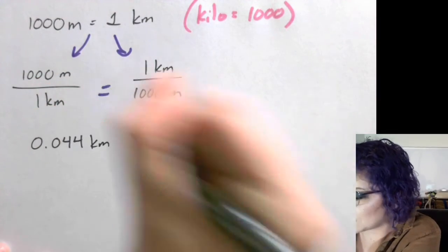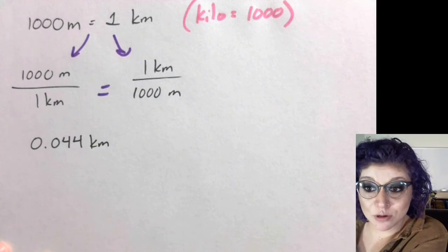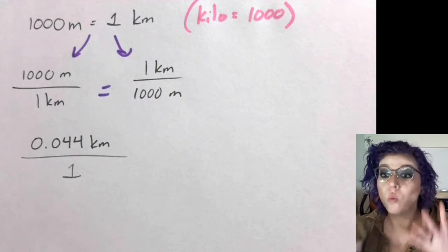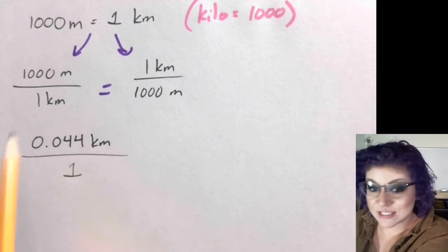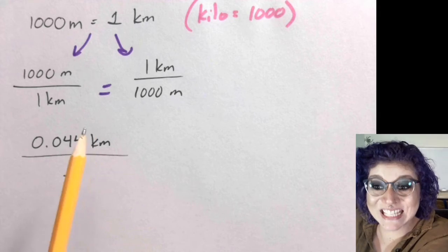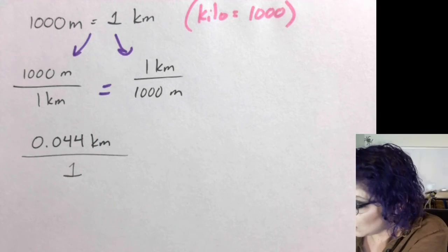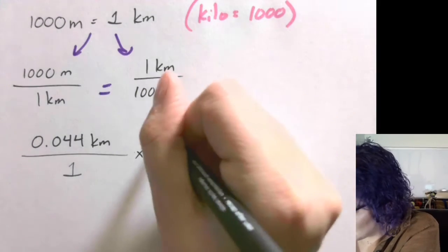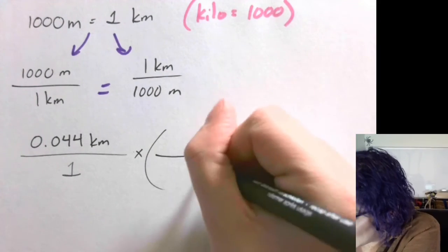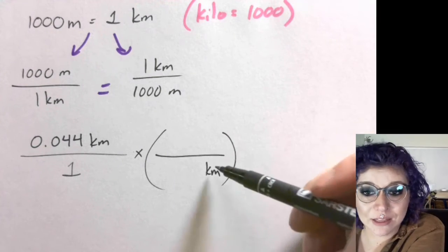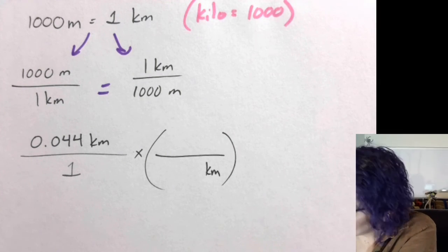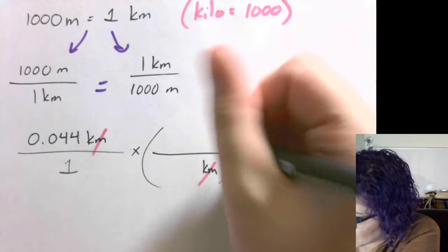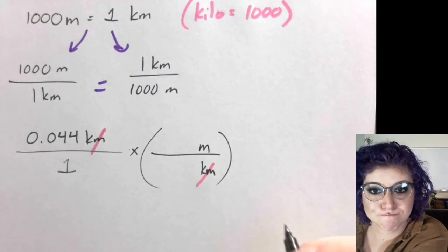0.044 kilometers. And remember from math class, we can say that this is over an imaginary 1. So this, the 0.044, is in the numerator. So I want to multiply it by a conversion factor that has kilometers in the denominator to cancel, and meters up top so that I end with meters.